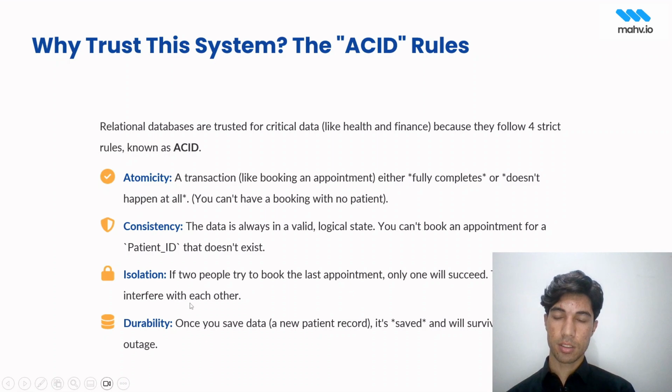They don't interfere with each other. As we said earlier, database management systems ensure concurrency, that two people do not write into the database at the same time. So basically, only one person can do the task at one time. They don't interfere with each other. So there is isolation of transactions.